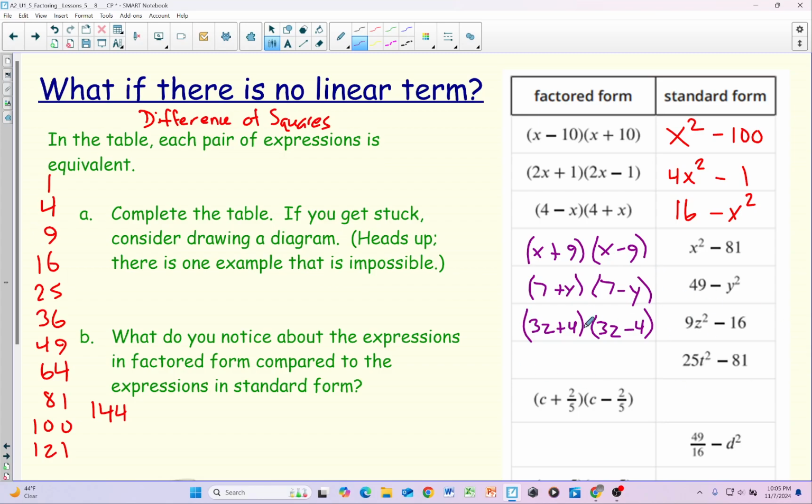And no matter what, the problems don't really get much harder than that, just recognizing the numbers. So 25t squared, well, 25 is 5 times 5. Plus 9, 5t minus 9. So the reason for the t is, well, there's a t squared, right? And that's how it works. And if we go and we multiply it out, again, you'll see the linear term vanishes.